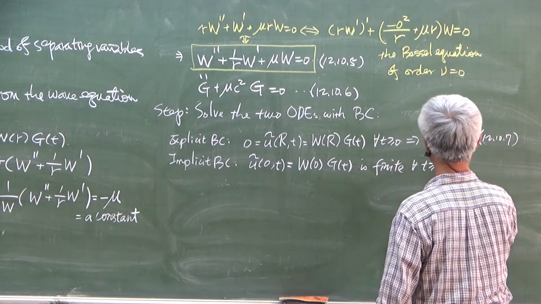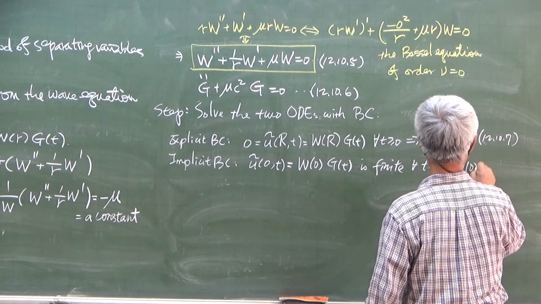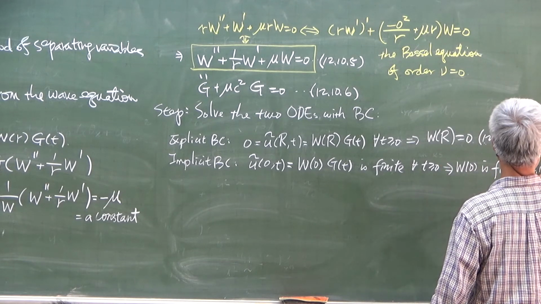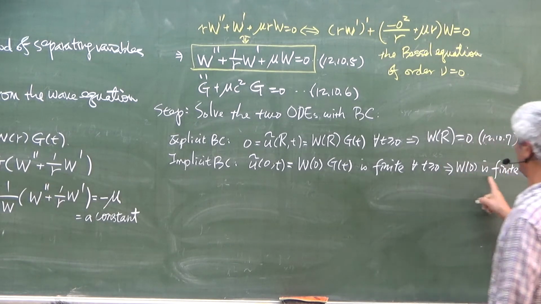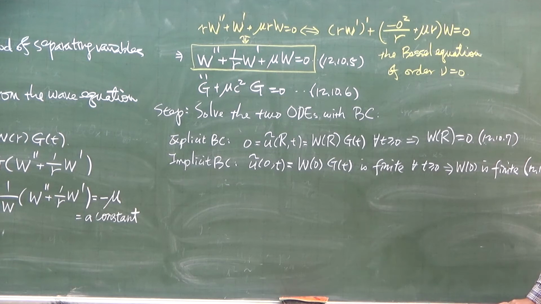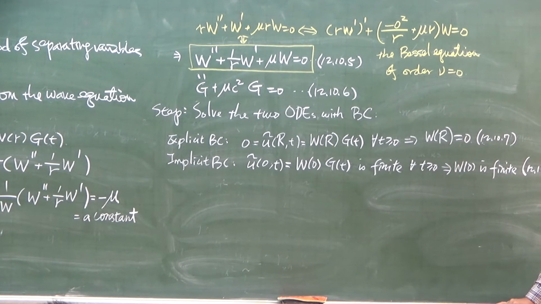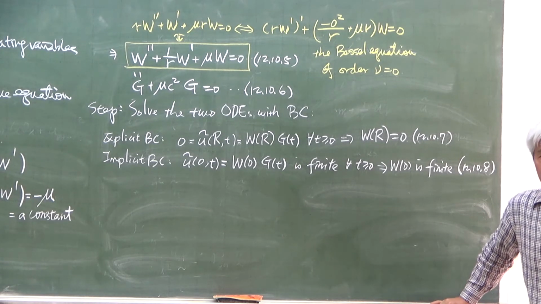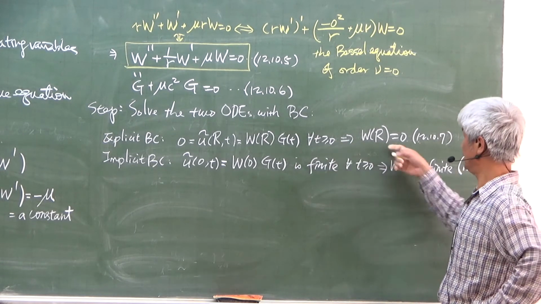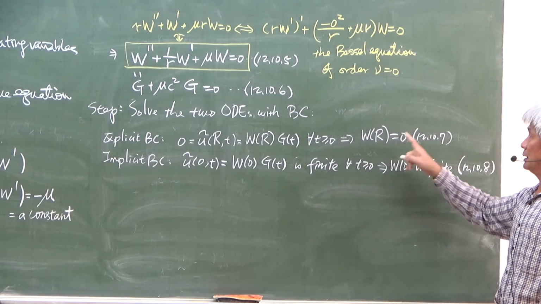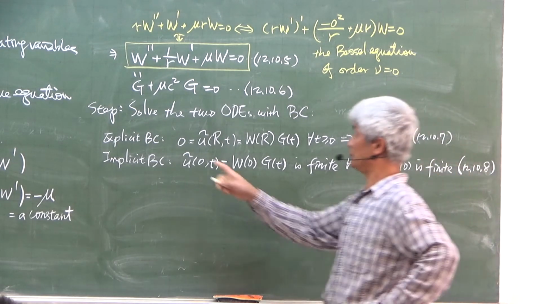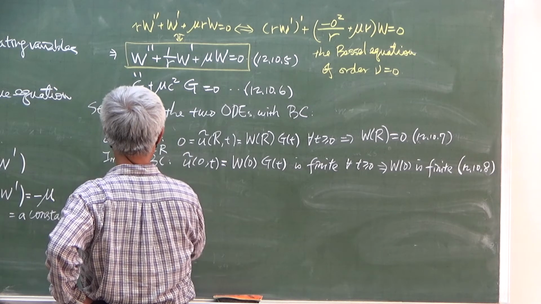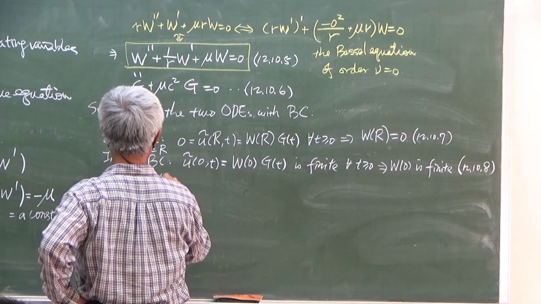So it implies that W0 is finite. So this is the implicit boundary condition. Actually we have two boundary conditions: one is explicit, at r equal to R, and the other is implicit, at r equal to 0.